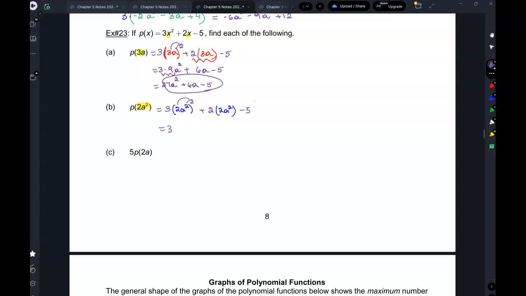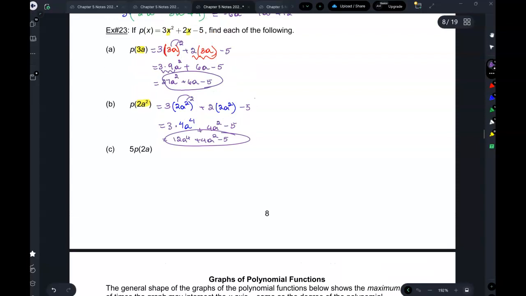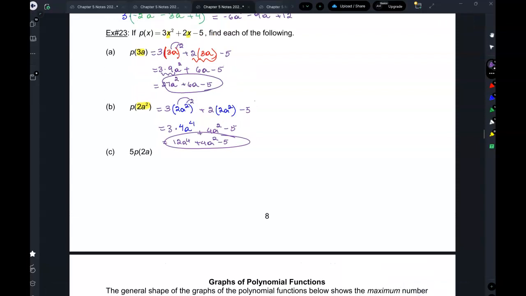So I have 3 times 2 squared, which is 4, and a squared squared is a to the 4. Plus 4a squared minus 5. So I have 12a to the 4 plus 4a squared minus 5. How do you get 12? 3 times 4 is 12.